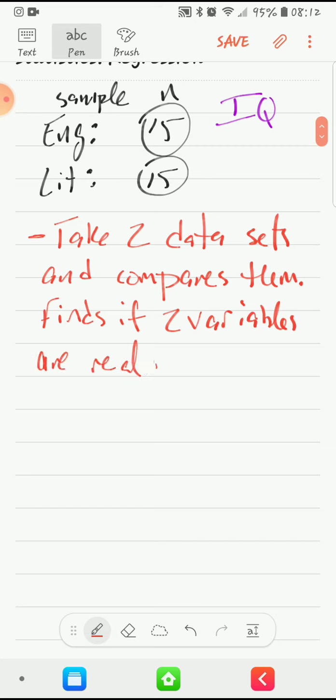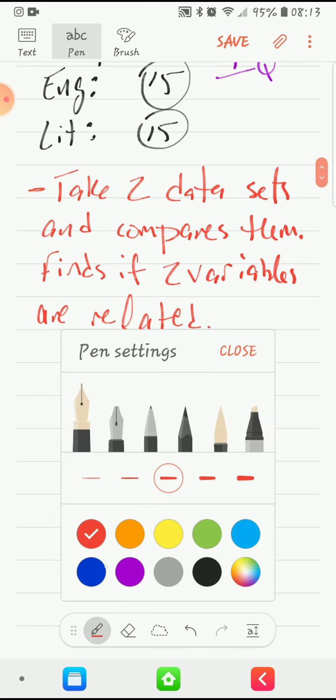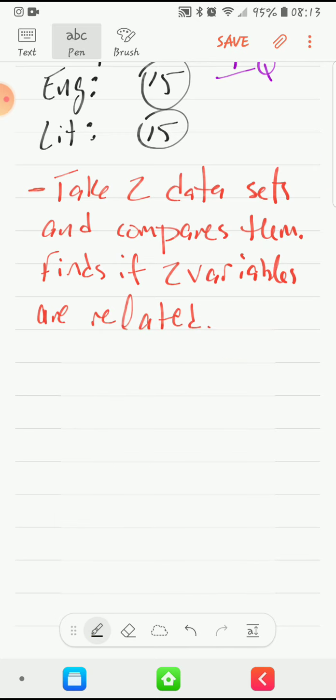Obviously, engineering students and literature students aren't particularly related, but I just threw up some information here because it doesn't matter if they are or not. That's what the regression does. That's its job. In a book, when you see related, it might say, do they correspond to one another?